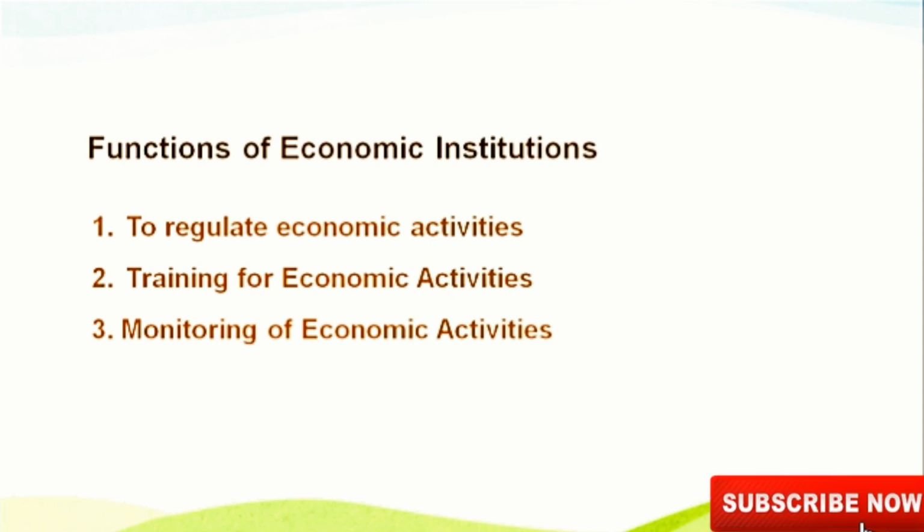So, educational institutions also help us to provide training to the individual so that all these activities related to primary, secondary and tertiary sectors can be completed effectively. One of the most important tasks of the economic institution is monitoring of economic activities. Whatever data economic institutions collect from the society will help them to frame new policies and modify rules for the betterment of the society.